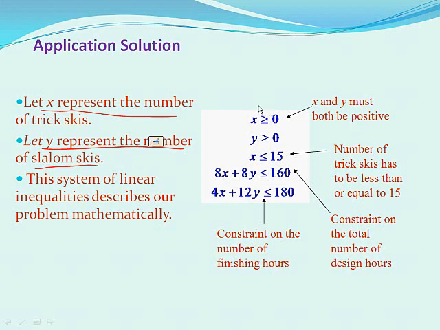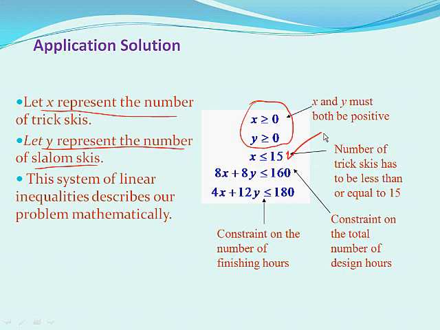So these two conditions come automatically. Now the problem says that the number of trick skis has to be less than or equal to 15. So that condition will be translated as x, the number of trick skis, less than or equal to 15. That is one of the conditions.